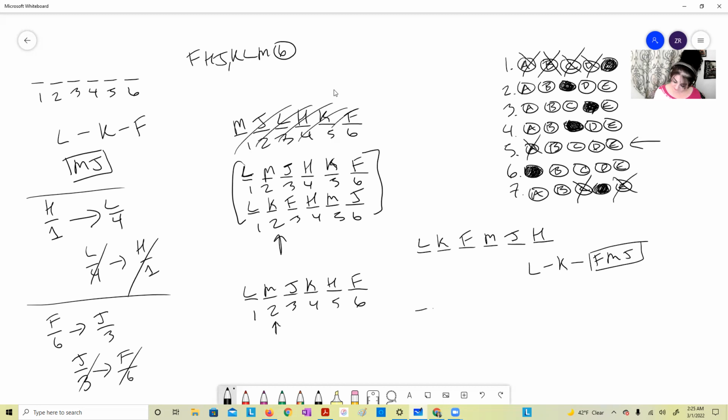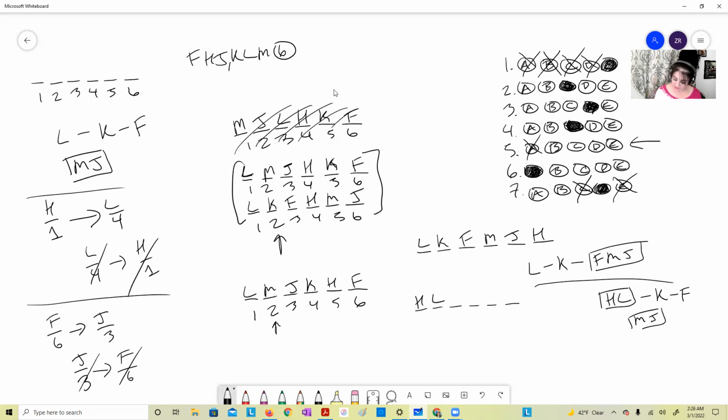So let's try B. Yeah, I think that this one is the problem because if we did this sequence, we wouldn't be able to put H on 1.